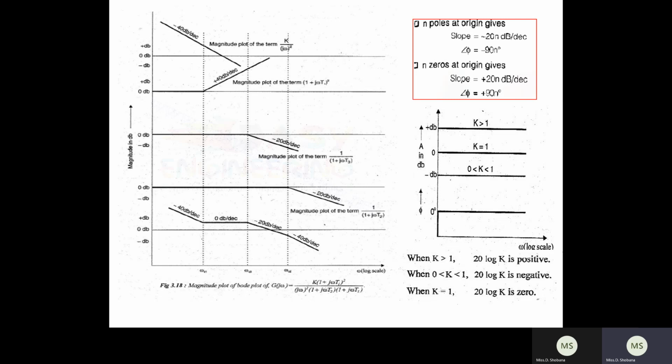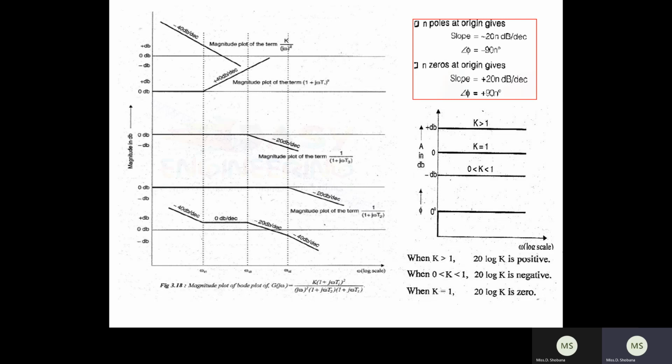Before going to that, we will discuss the shapes of the magnitude plot for various terms. As usual, in a transfer function, the s terms available in the denominator represent the poles, and the 1 plus s terms in the numerator represent the zeros.